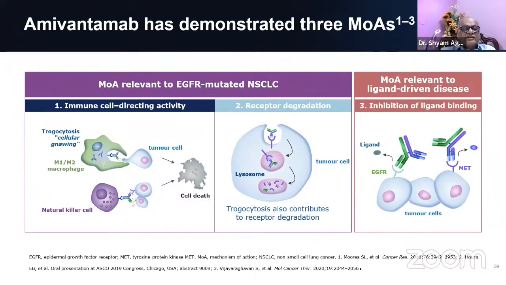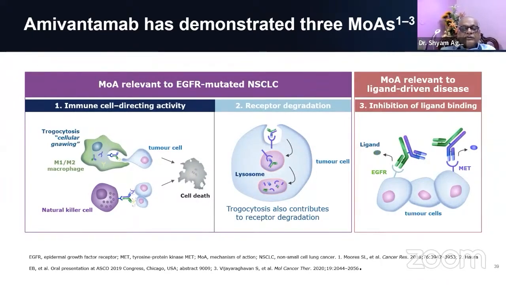In phagocytosis, the entire tumor cell is taken up by the macrophage. Here, piece by piece, a part of the membrane, as you can see, is being sucked into the macrophage. And so the antibody then binds to the receptor and degradation happens. So I think there are more slides to this. Trogocytosis also contributes to receptor degradation, which is responsible for tumor cell kill.